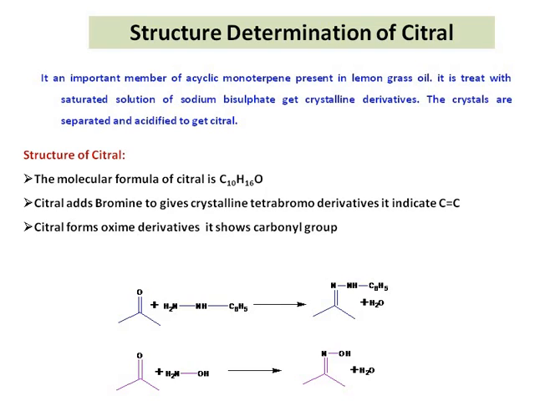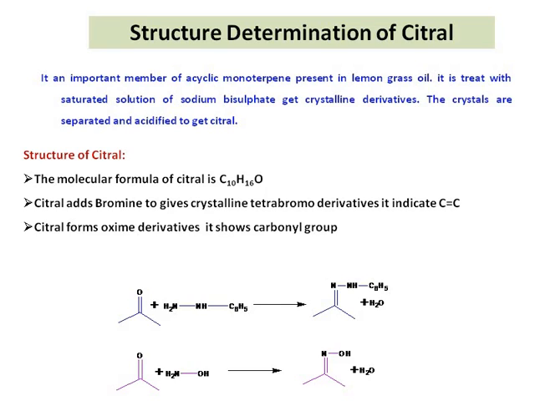Citral is an acyclic monoterpene having the formula C10H16O. Some reactions can be done on citral. For example, citral can add bromine to give a crystalline tetrabromo derivative.